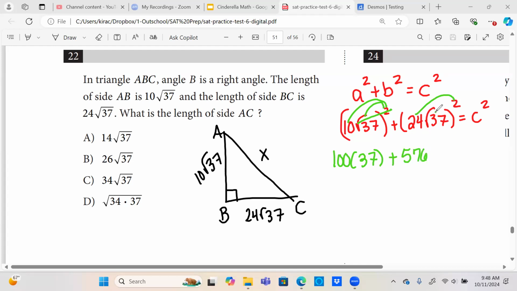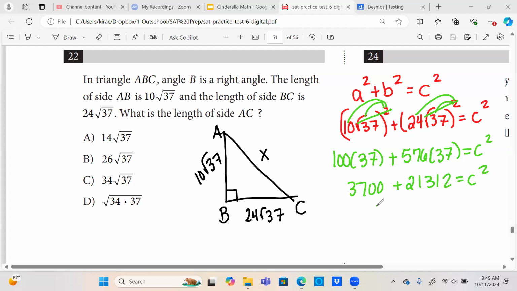And again, root 37 squared comes out of the root and is just 37. So this would be 3,700 plus, I'll let my calculator take care of that next one. 21312, there we go. Let's let our calculators add that together.